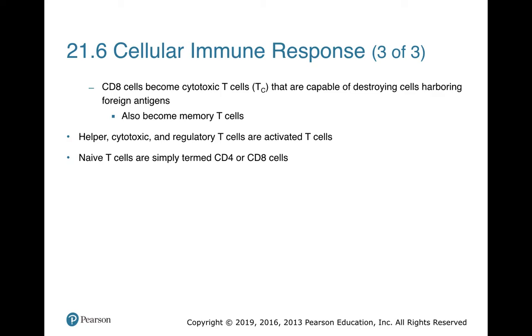There is also a population called regulatory T cells. And if we know what they are doing, if they're activated, then we can define them as helper, cytotoxic, or regulatory. If we don't know what their antigen is, if they haven't seen an antigen yet, we refer to them as CD4 positive or CD8 positive T cells.